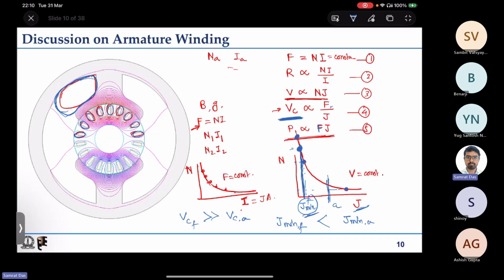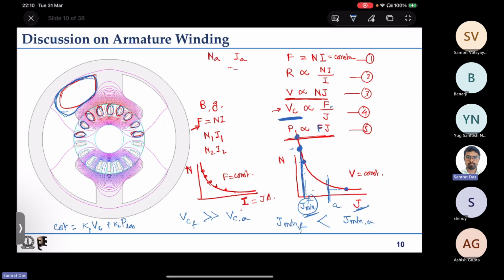So say the copper volume, Vc, will have some cost factor K1, and the power loss also adds to the electricity bill, so again some factor, say K2. So the total cost function that we have is K1 into Vc plus K2 into P loss.